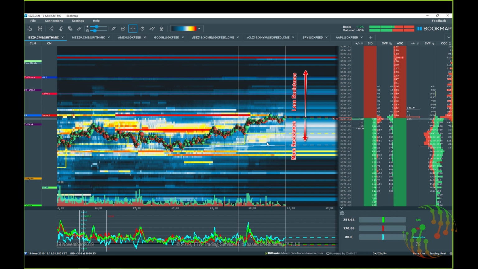Because, in this case, we have different kinds of liquidity. Let's try it this way. We have high liquidity there, 1200 or 1300 here. We had high liquidity here. We had high liquidity there, here at this level, and we have high liquidity here.